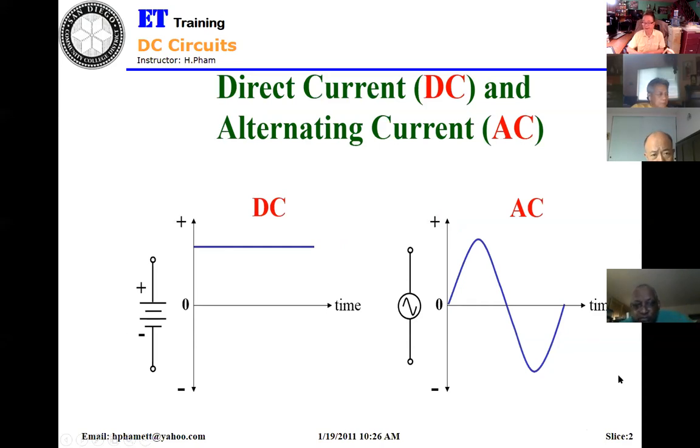They vary with time. So if you're looking at your outlet, that will be AC, 120 volt, okay? However, in your computer, they use DC voltage. Any equipment uses DC voltage, okay?